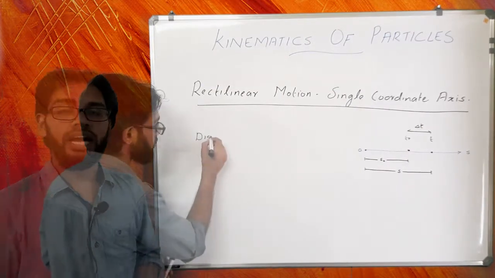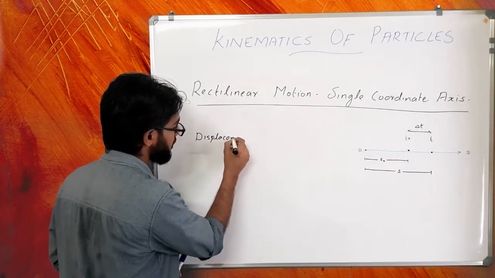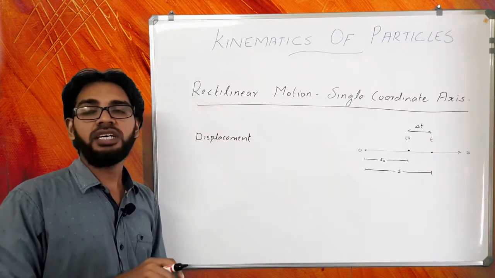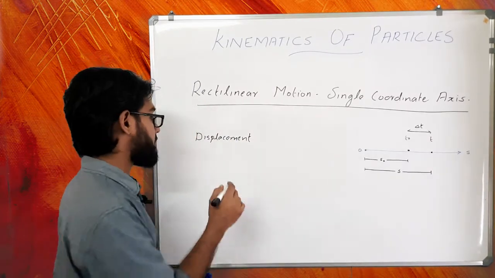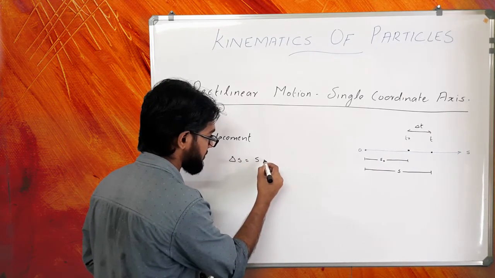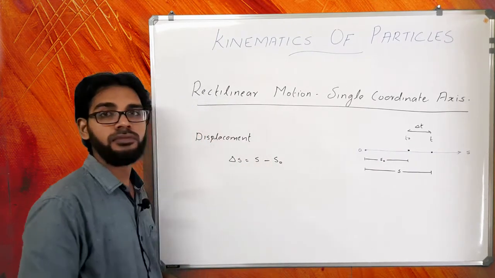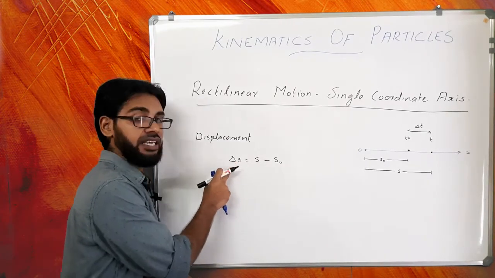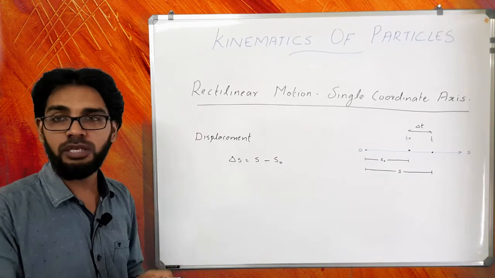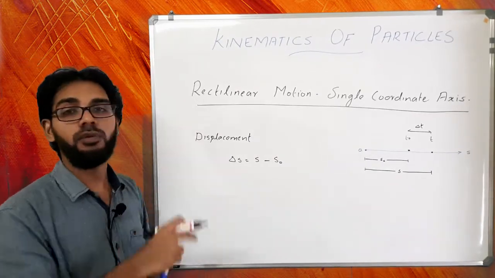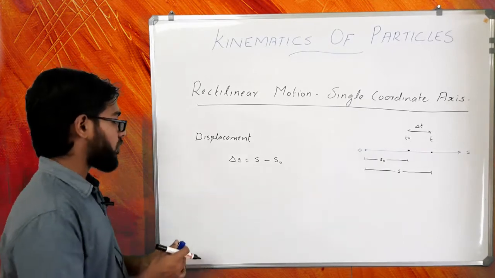Now, as we have stated earlier, the displacement, which is the change in position, can be defined as delta S equals S minus S naught. Delta S can also either be positive or negative depending upon the direction of the motion.